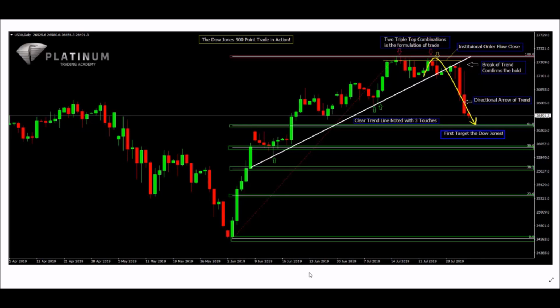But from a fundamental point of view, which is obviously very important when it comes to trading US stocks and equities, we have to get an understanding of what's been happening. So we understand that President Trump has been sending currencies and equities crashing lower by hitting China with additional 10% tariffs on the 300 billion in Chinese imports, starting this month.